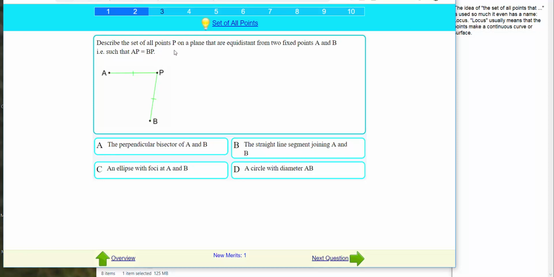Describe the set of all points P on a plane that are equidistant from two fixed points A and B, such that AP equals BP. We can describe the set of all points P on a plane that are equidistant from two points. So this seems to be an ellipse as well.